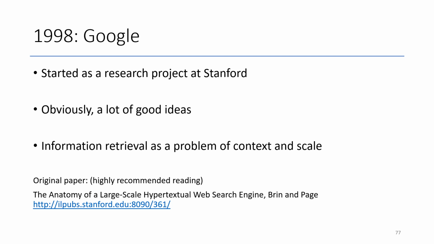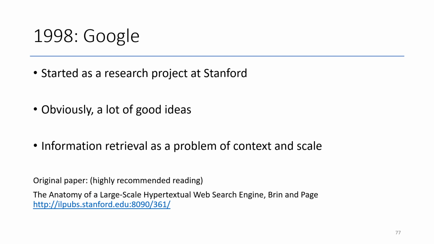Finally, I want to give you a quick hint to a very interesting paper, and that is a paper from 1998 that was the first paper to introduce Google as a search engine. And Google actually started as a research project at Stanford, and obviously it contained a lot of good ideas, such as PageRank.